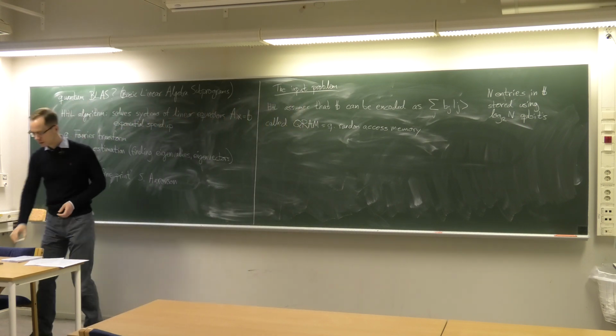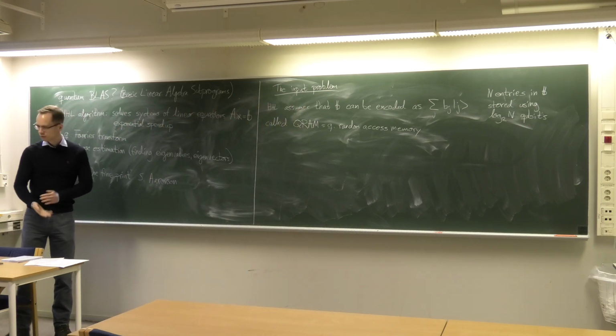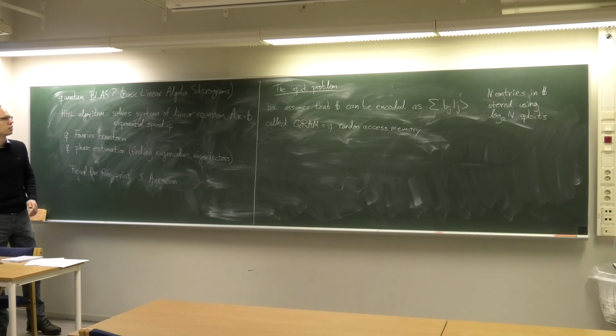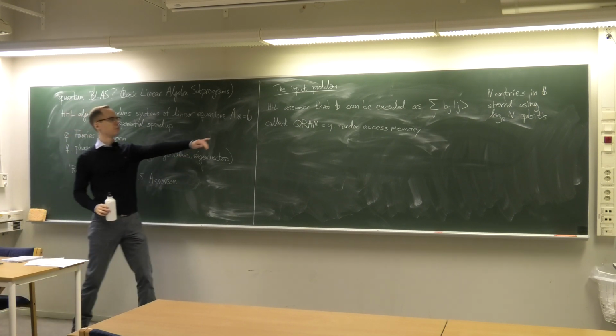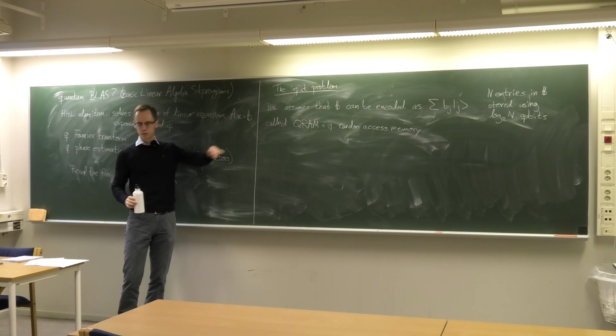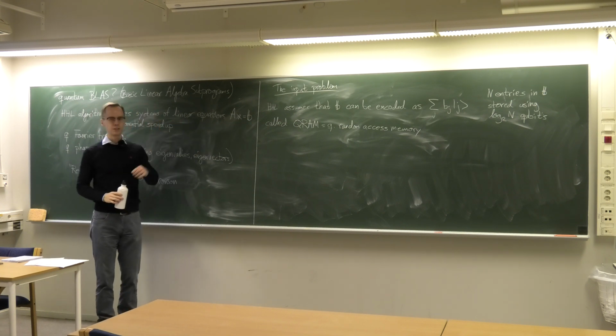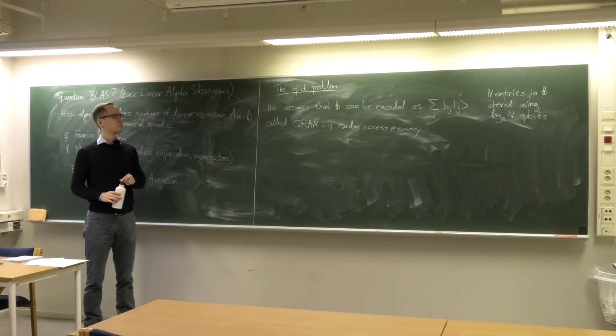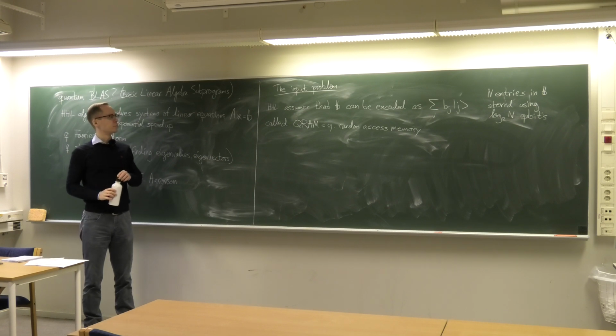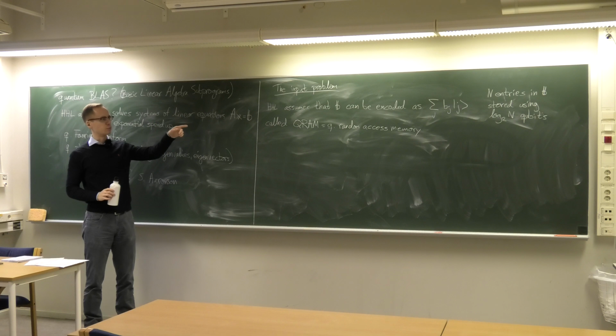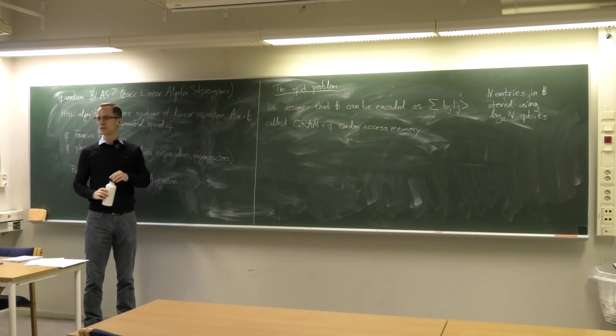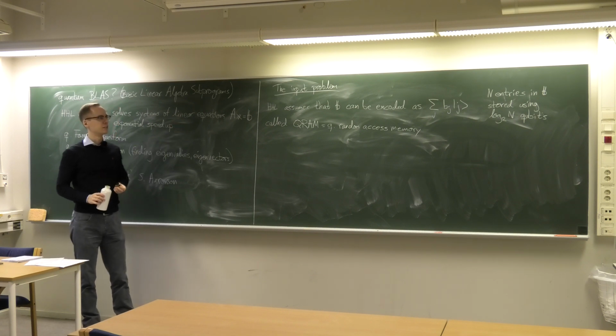And the thing is, if you can take your classical data vector B and encode it like this, then you can run HHL on this, and you get the exponential speed up. But the process of encoding is not trivial.